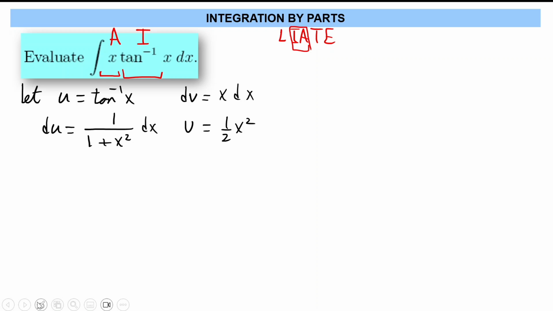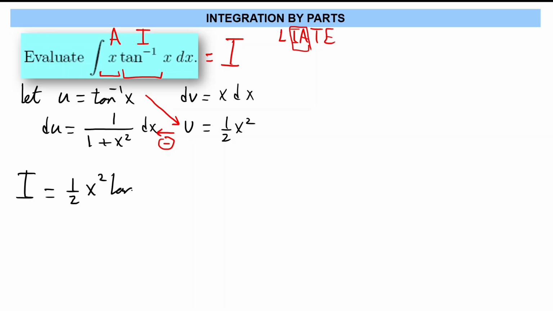Now one more time, I like to call my original question always as I. Now I'll multiply these two minus the integral of the derivative of these two. So I equals U times V. No need to worry about the constant. So this is half x squared tan inverse x minus, one more time, check if you have any other negative.